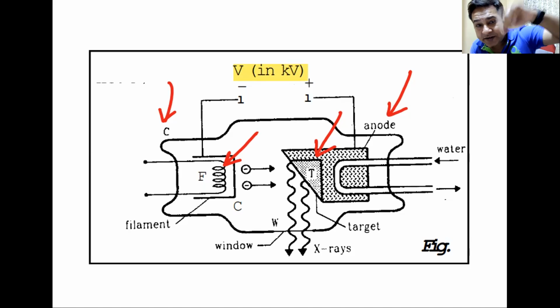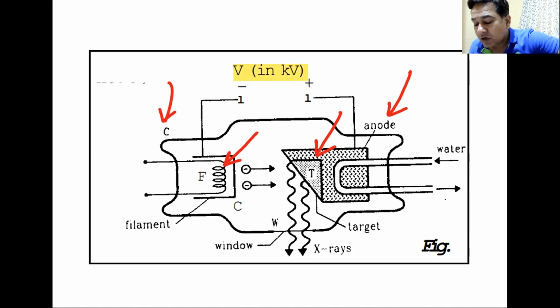In the photoelectric effect, who was giving the electron energy to go away? Photons. The photon had energy, and if that energy was more than the work function, electrons were getting emitted. Yes or no?